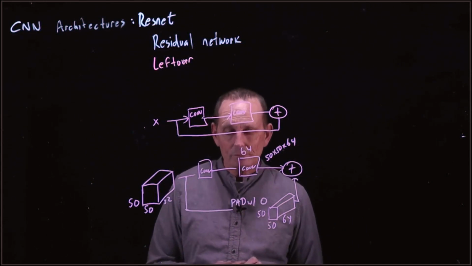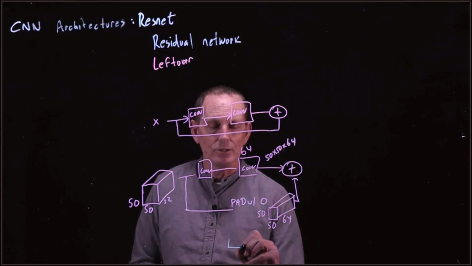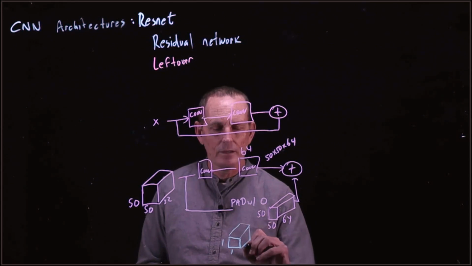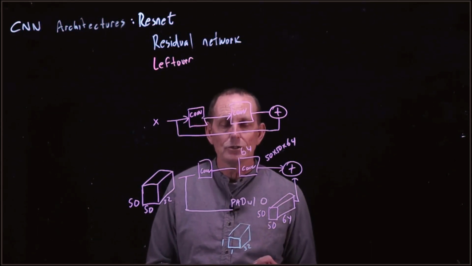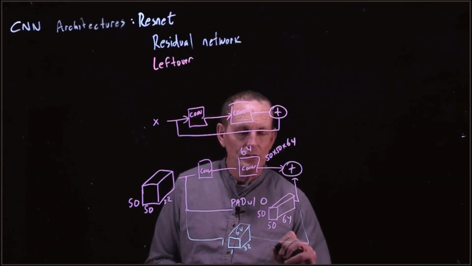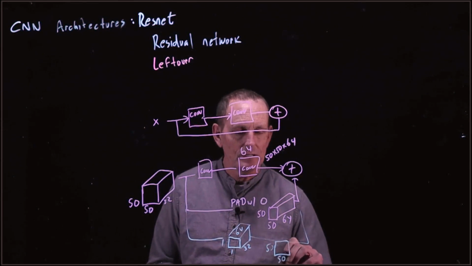That's one option. The second option is to go ahead and feed this into a 1 by 1 by 32 convolution, and we have 64 of those. That would also generate an output of size 50 by 50 by 64.